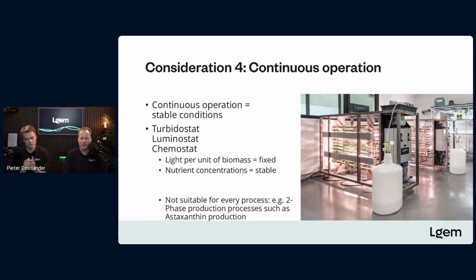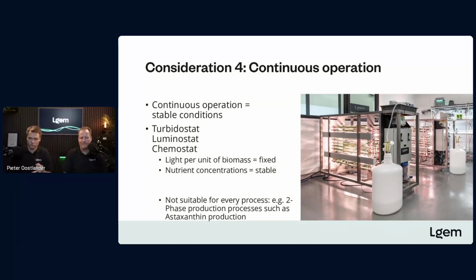In luminostat, you typically aim to keep the light stable in the system, depending on how you define it, either per volume or per biomass, usually per biomass. But those require sensors and specific control loops. Whereas chemostat is a method of supplying a fixed flow of fresh water or fresh nutrients to the culture and a fixed flow of harvest out of the culture.